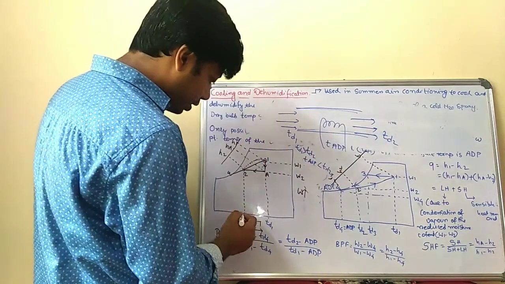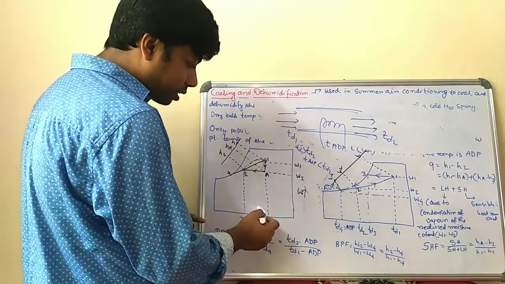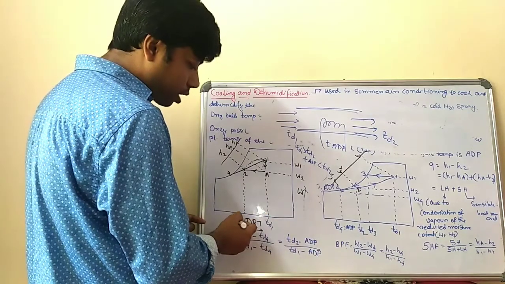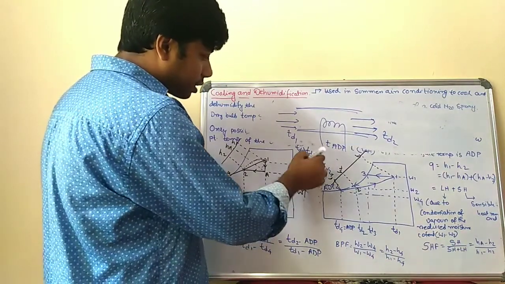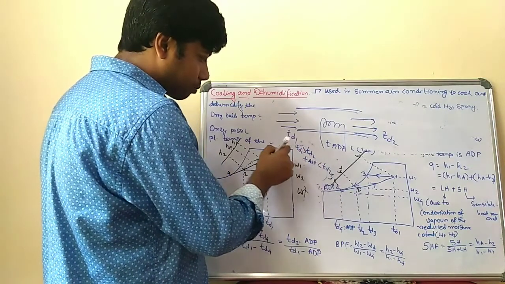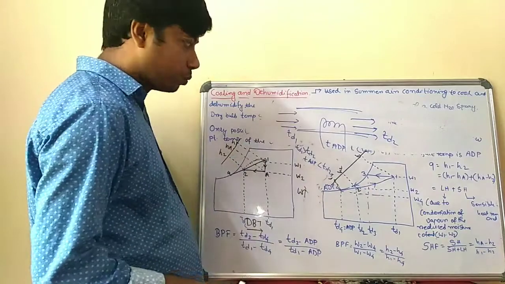As you know, the dry bulb temperature moves from TD1 to TD2, that means temperature decreases, and similarly the specific humidity also decreases from W1 to W2.